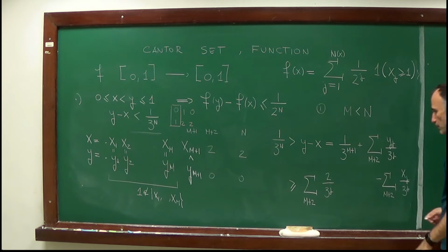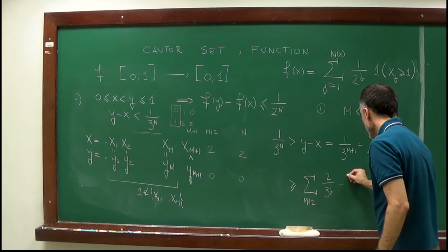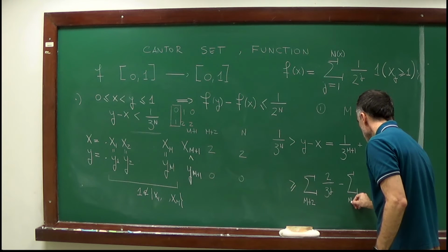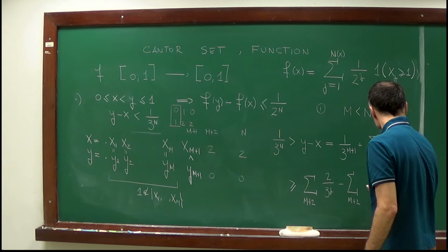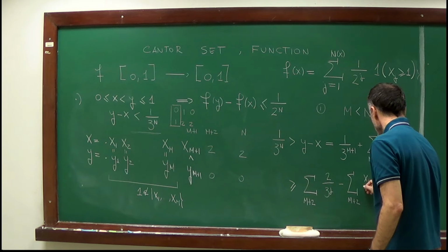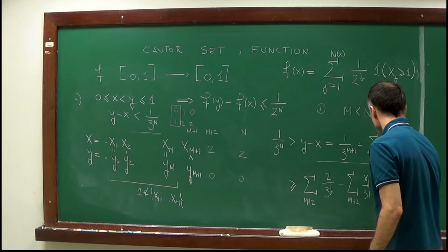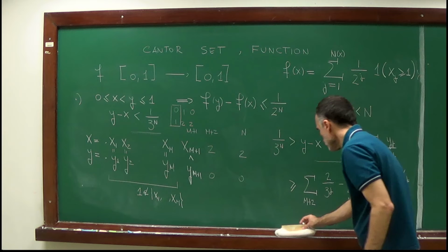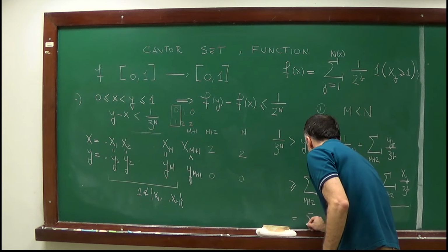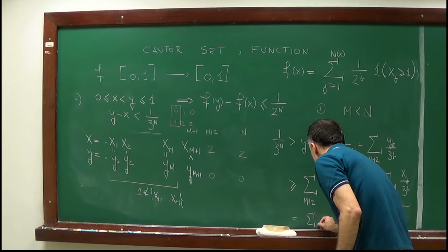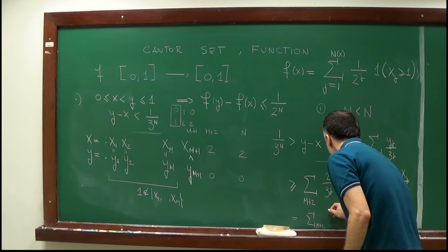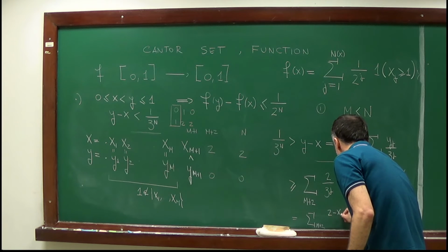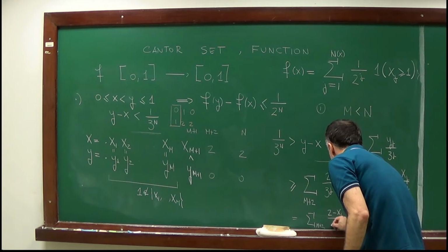And for that one, I just write it back. So here what I get is 2. I'm starting from m plus 2. And what I have is 2 minus x_j divided by 3 to the power j.